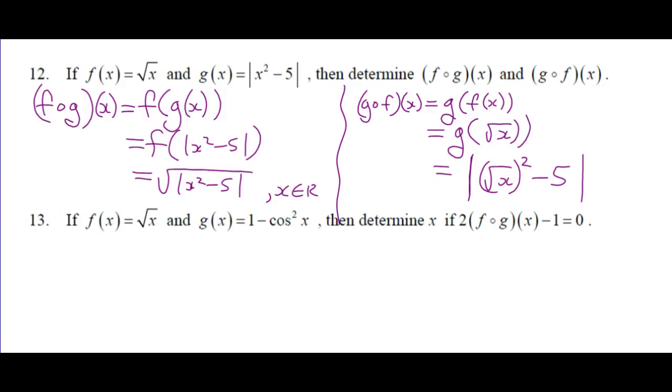Now, if you can get here faster, you can get here faster. If you get here faster wrongly, you'll just lose more marks. In other words, you can look at this and just say it's g of f of x, so it's going to square the square root of x, subtract 5 and take the absolute value. But x has to be greater than or equal to 0 because ultimately the square root of x.